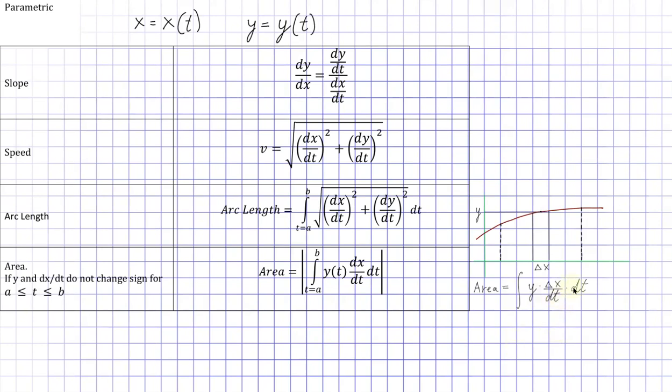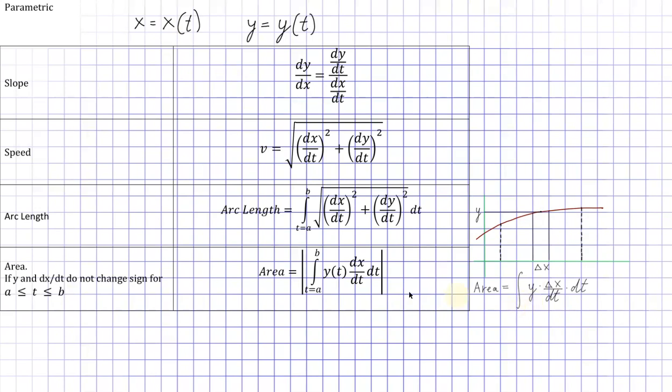We can divide and multiply by the same quantity, dt in this case, and that's the match, not counting these absolute value signs. Let's ignore them for now. Let's consider them later. But otherwise, we got it. So that's the formula for how to calculate area in parametric settings.